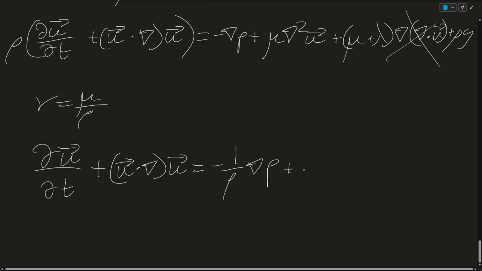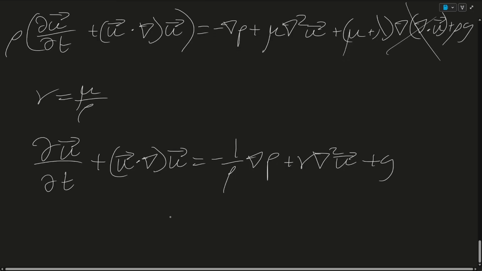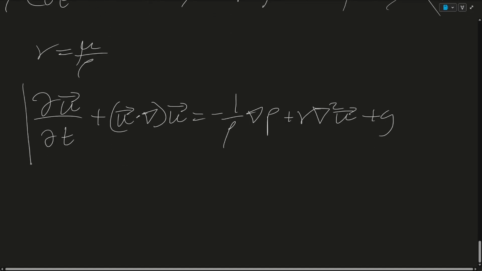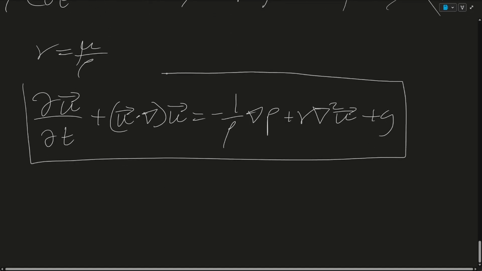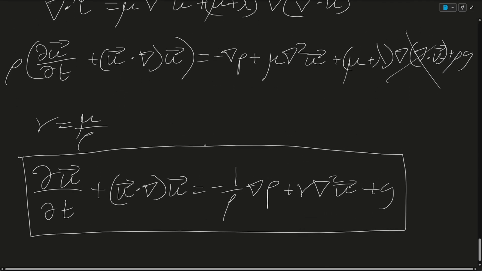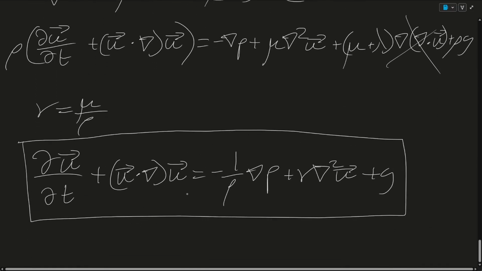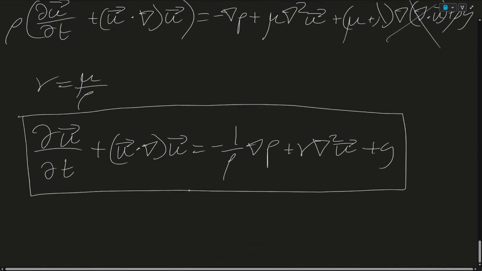I'm not happy with how this is set out. Squared times u plus g. And that can definitely go in a box, because that really is the standard form of the Navier-Stokes equation for an incompressible fluid, which is quite useful.